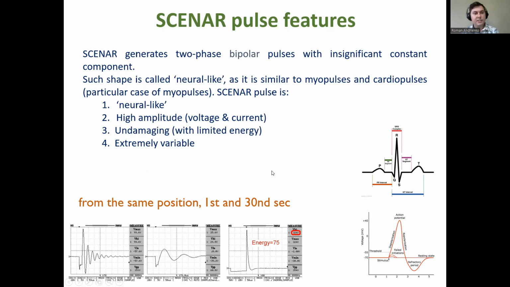At the same time, it has high amplitude, it is undamaging, and it is extremely variable, which means that the Scenar pulse will depend first on the place we're treating at this very moment, on the particular patient, and on the parameters of the skin in this particular place, at this particular time.